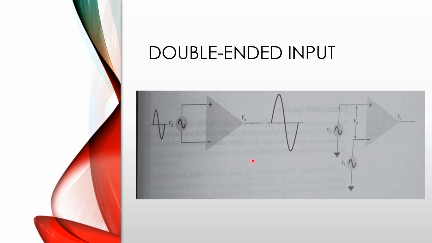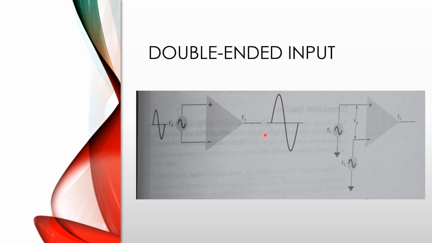In figure A, we apply a common voltage input to the inverting input and the non-inverting input terminal. Thus, the resulting amplified output, in phase, we get at the output terminal. This is one type of double-ended input operation.